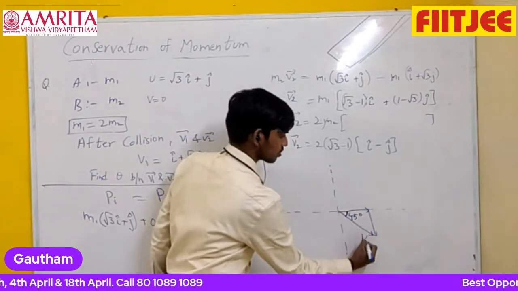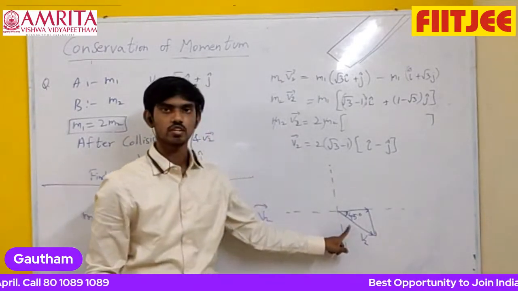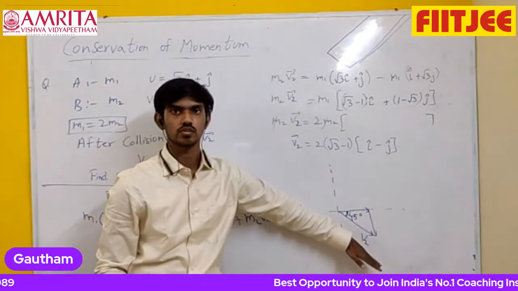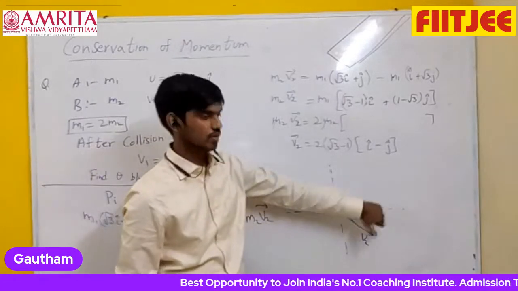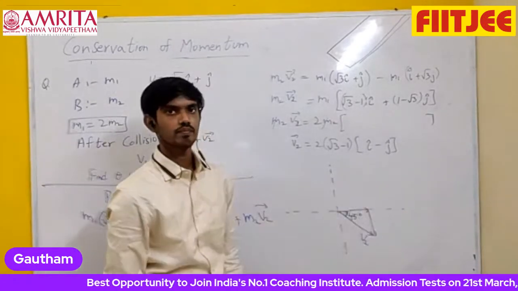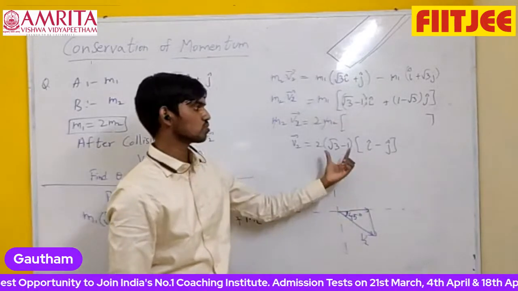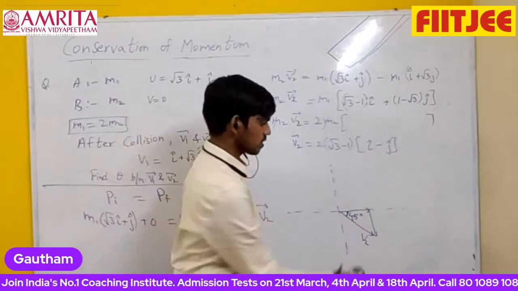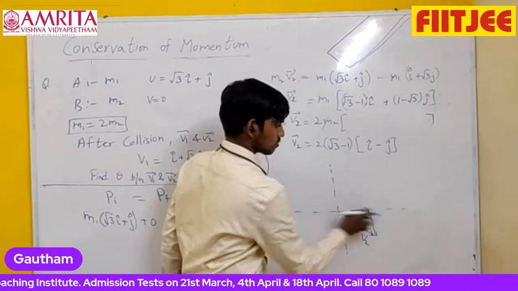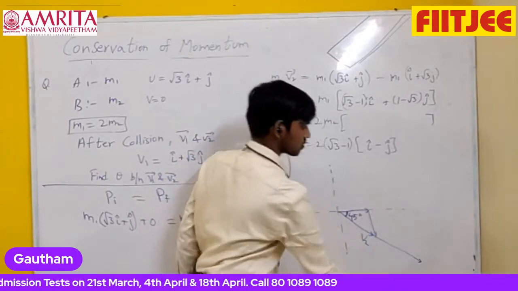This is for the v2 vector. So this v2 vector is making 45 degrees below the x axis because of 1 unit in i cap and 1 unit in minus j cap. That is the direction. With some magnitude, if we put 4 and 4 instead of 1 and 1, it will just be longer.